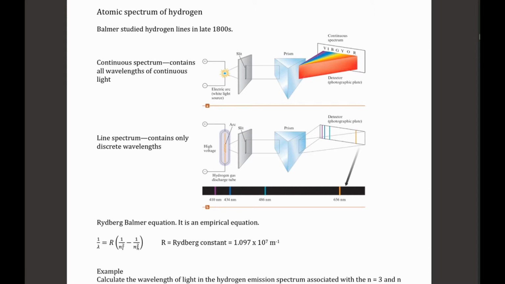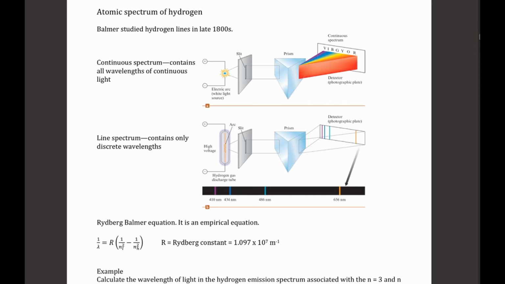Here's what he and a scientist named Rydberg came up with, the Rydberg-Balmer equation. It's an empirical equation. An empirical equation is based not on theoretical work, but just on experimental work, like our PV equals nRT equation.